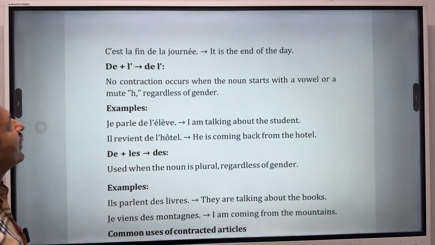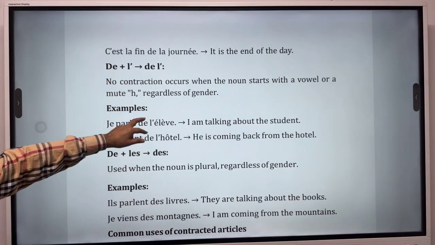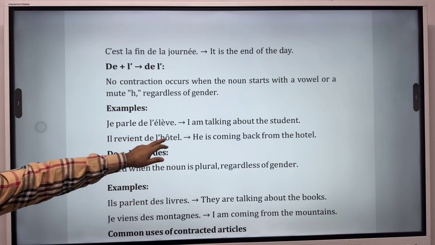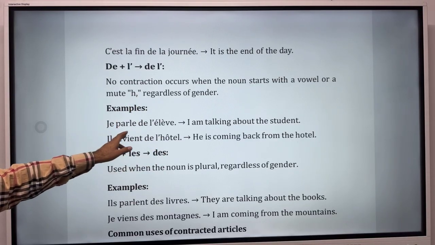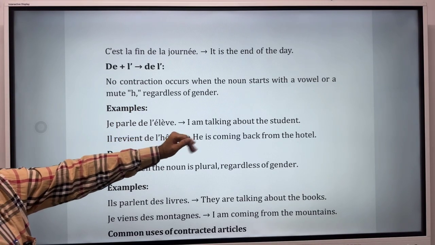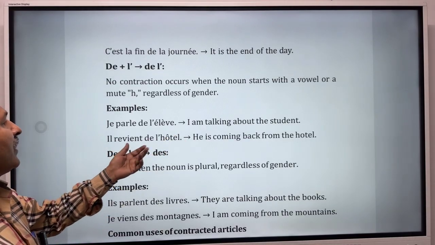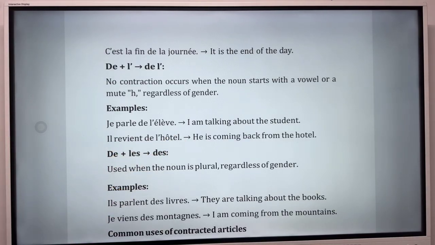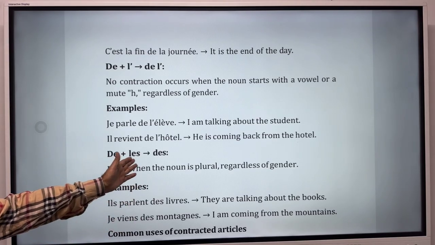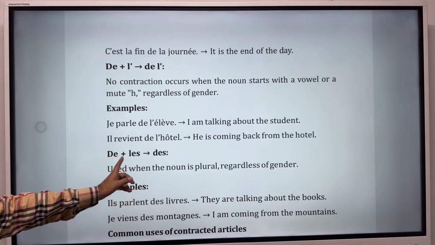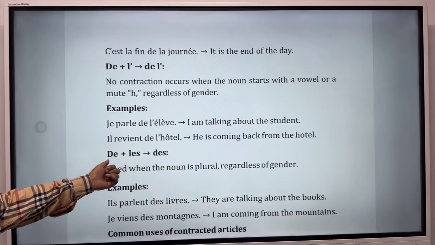Then de l'apostrophe. Here, for words where l' occurs, you first have to check, like l'élève, l'hôtel. Before it you have to use de, like je parle de l'élève. I am talking about the student. Il revient de l'hôtel. He is coming back from the hotel. Then de plus les. Wherever les is used, it means plural words, and before them de.